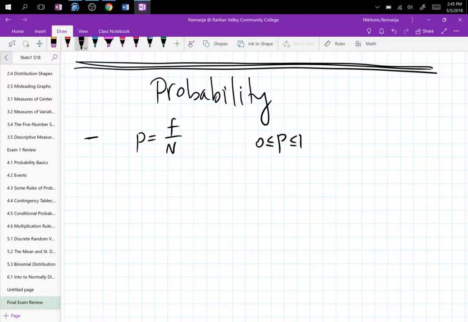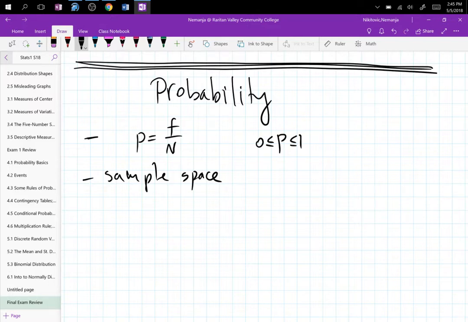Now, we have the sample space, right? So sample space contains, let's say, all the marbles or all the cards or all the people that you want to pull at random. Whatever you are observing, sample space is the collection of everything you have. That's actually your universe.